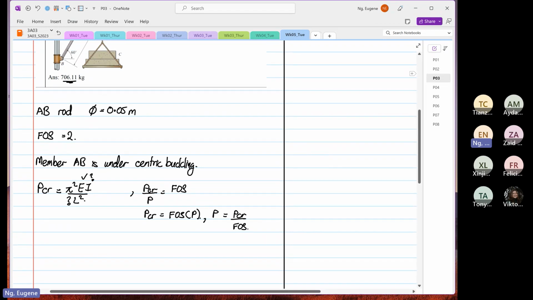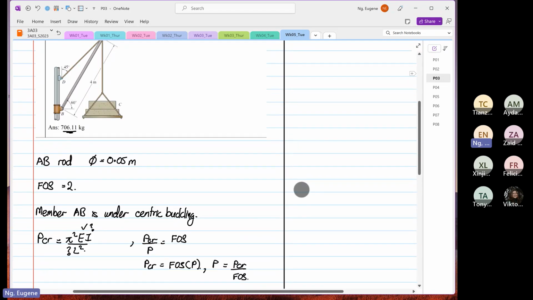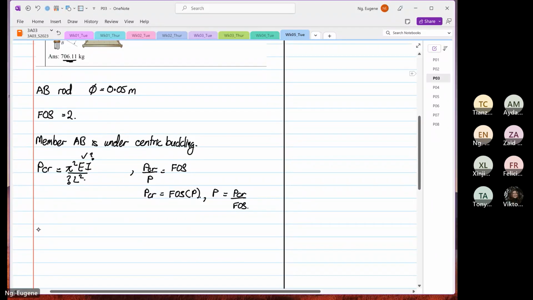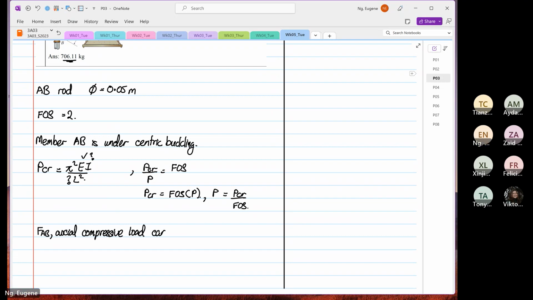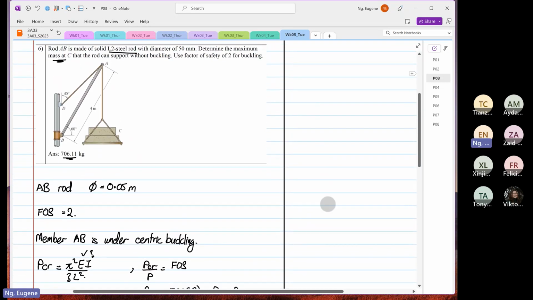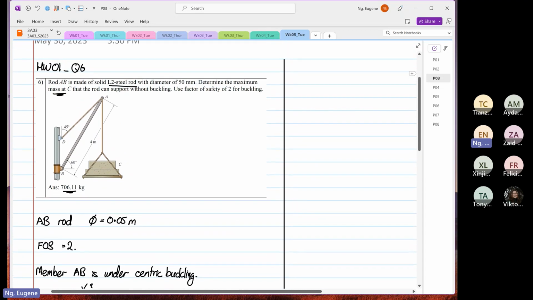Now this P over here is what we call FAB, which is the axial compressive load carried by member AB. Okay. So if you look at this structure, we need to know what is going on at point A.